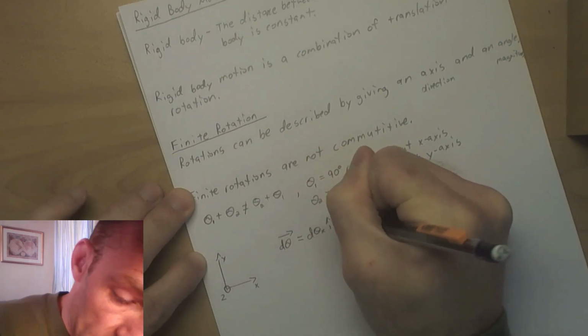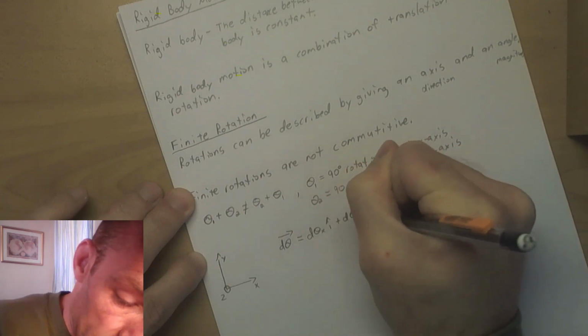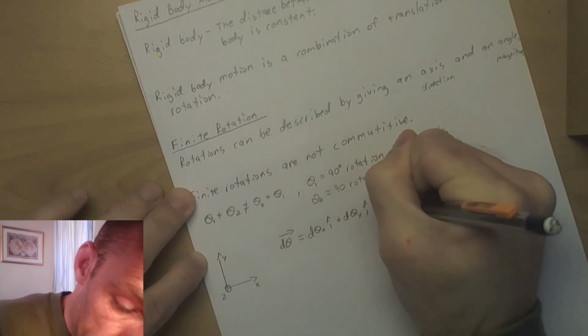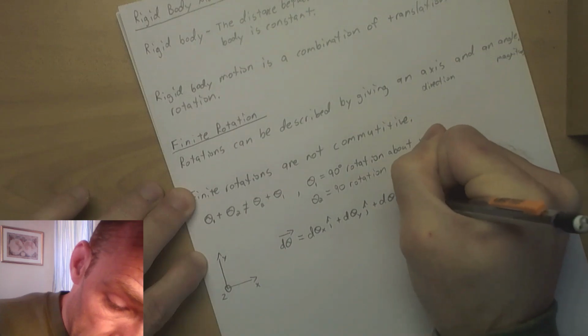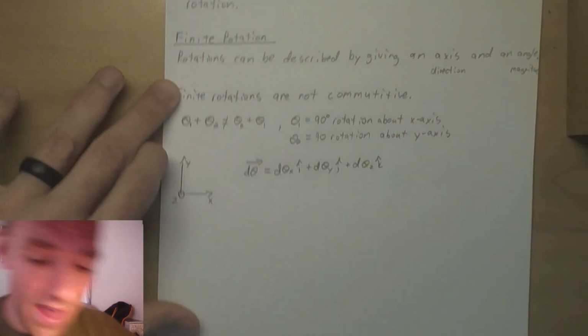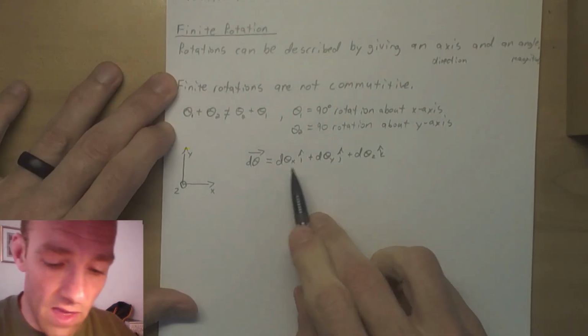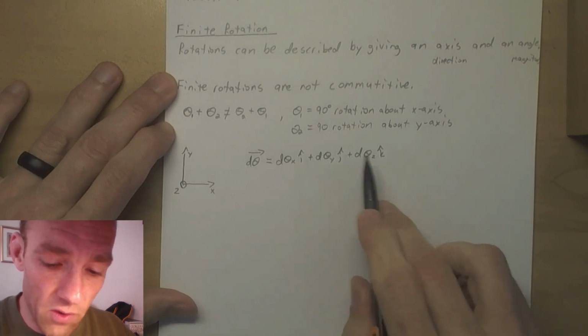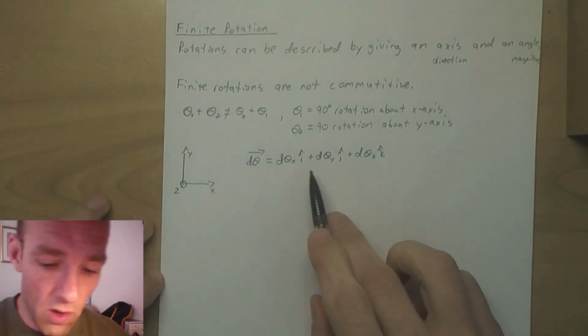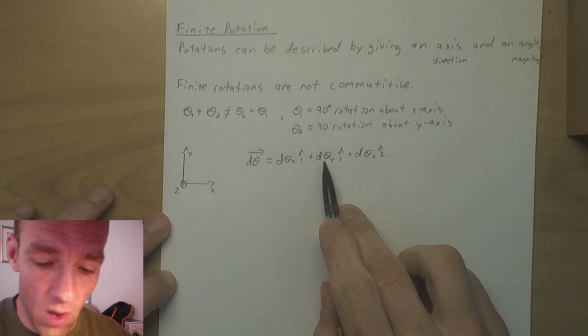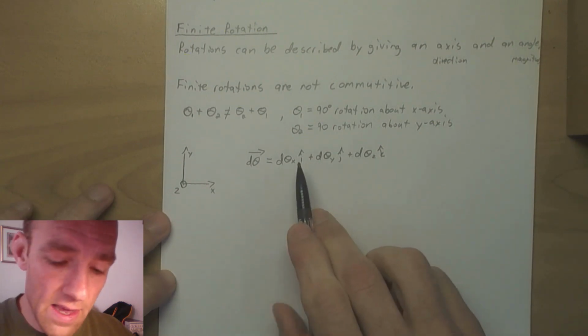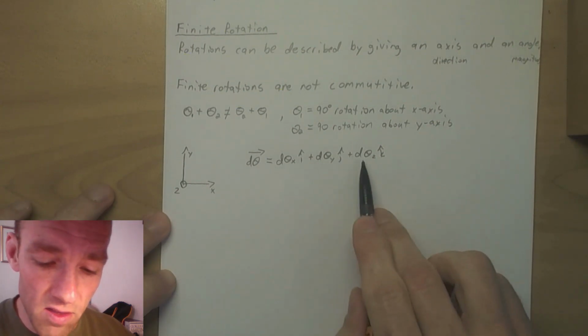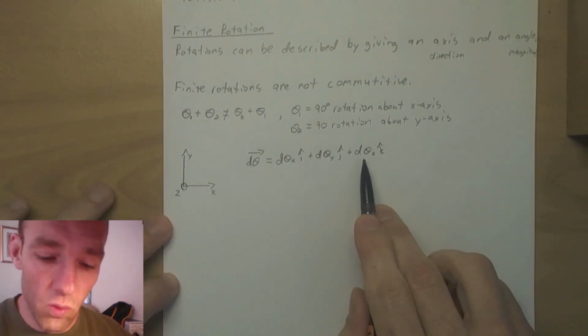So in Cartesian coordinates, this would look something like this. Now, why is that? I can add them in this x, y, z direction, or I could reverse. So this would be a rotation about the x-axis, about the y-axis, and about the z-axis. That's because each one of these is essentially a zero rotation.